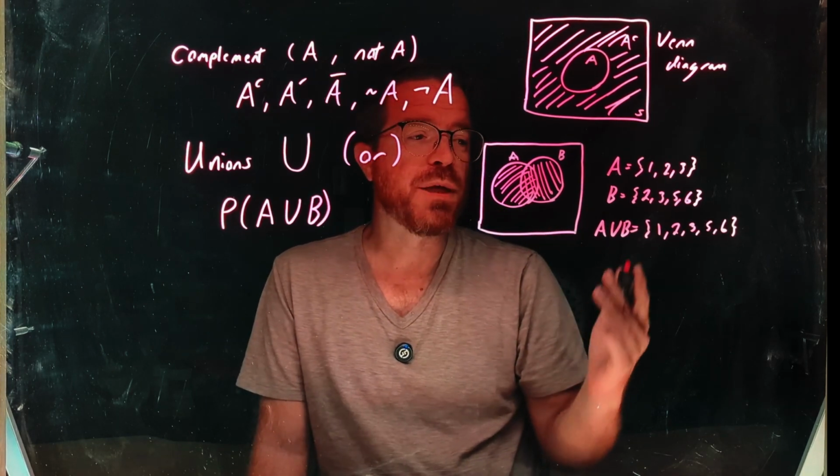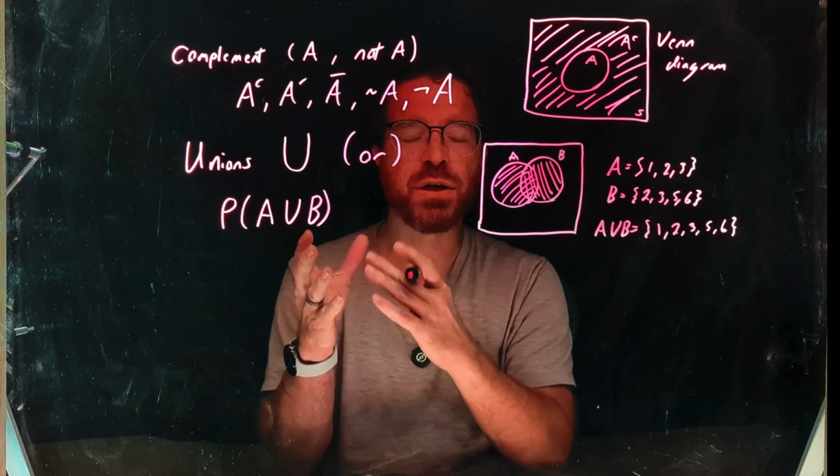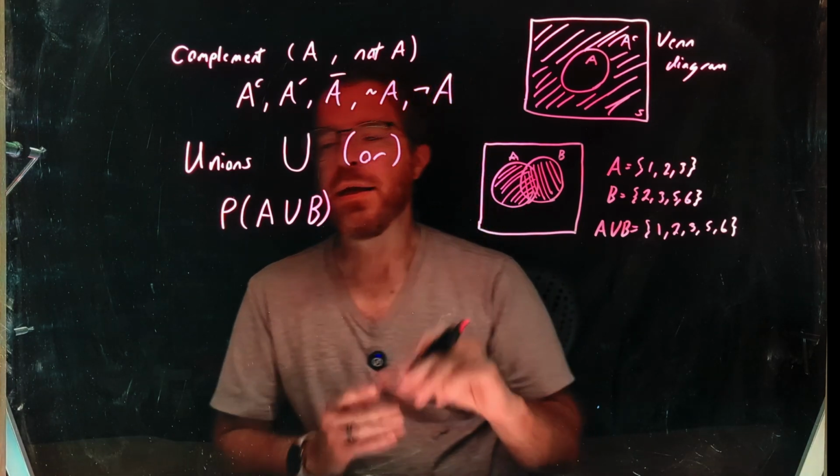So A or B would be 1, 2, 3, 5, 6. So this is a union, also known as an or statement.